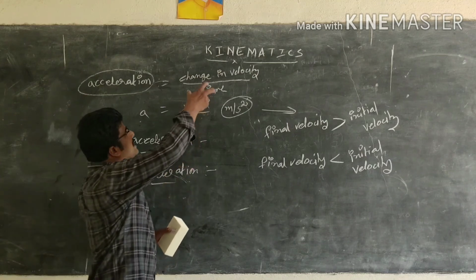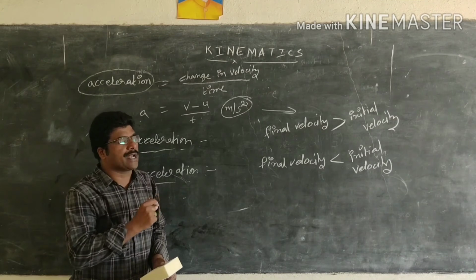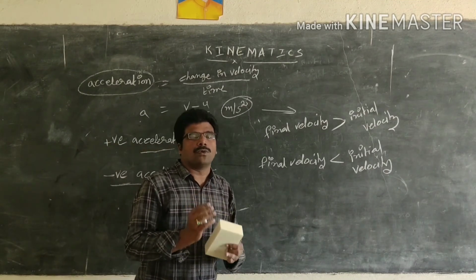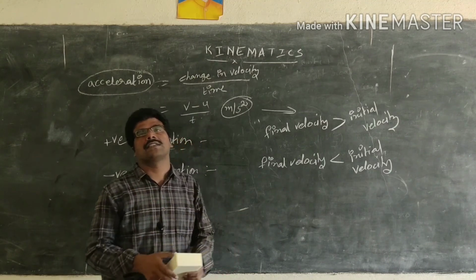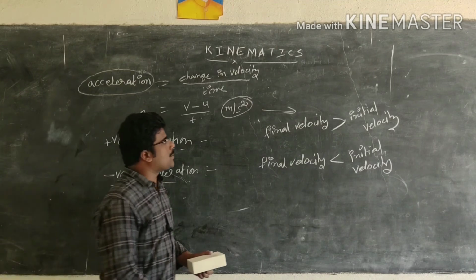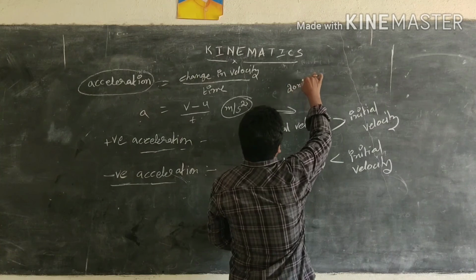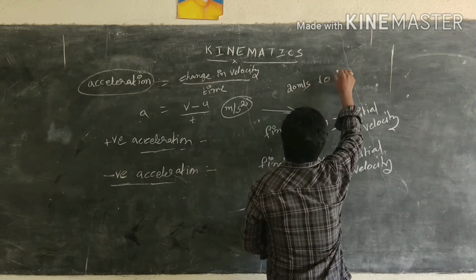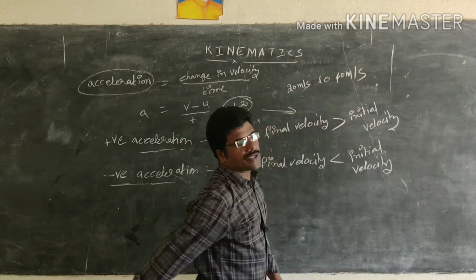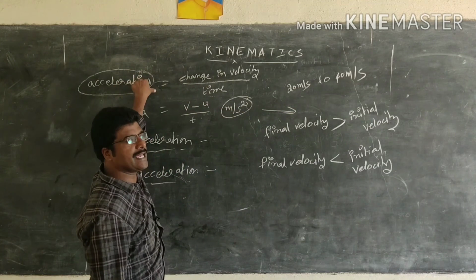Here, change in velocity has three types. For a body to have acceleration, if the magnitude of the velocity changes, then there exists acceleration. For example, if a body moves from 20 meters per second to 40 meters per second, there is a change in magnitude, and no doubt acceleration exists.